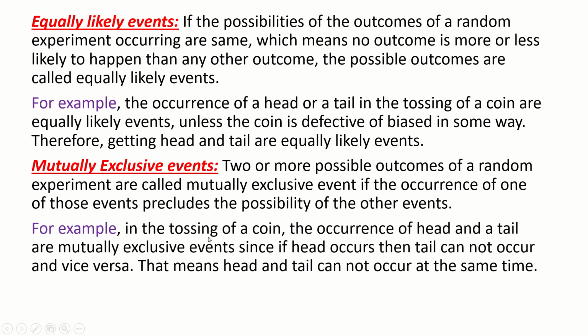For example, in the tossing of a coin, the occurrence of a head and a tail are mutually exclusive events, since if head occurs, then tail cannot occur, and vice versa. That means head and tail cannot occur at the same time.